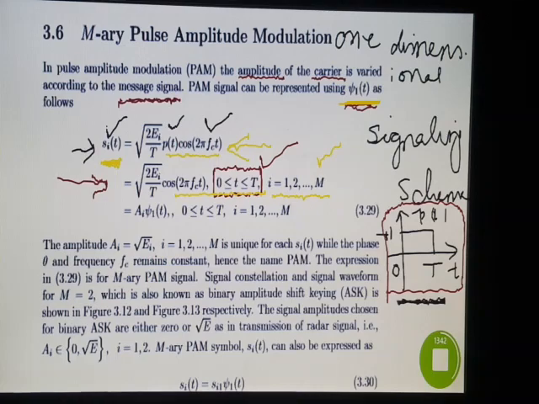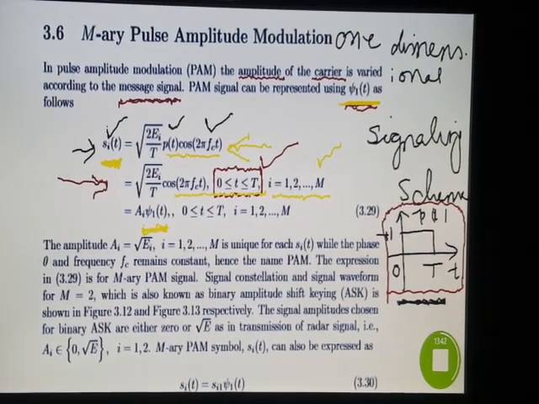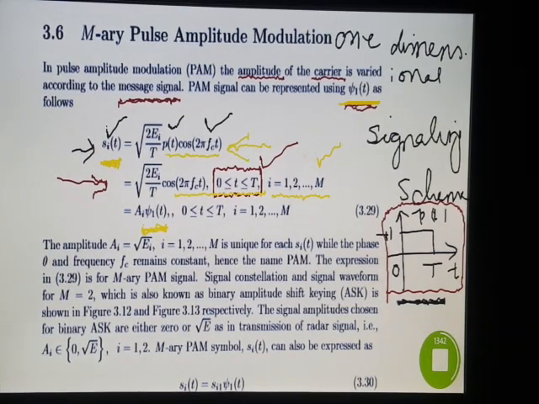You can also rewrite it as given in the third line, and here, recalling your psi_i of t, this is written in the form of psi of t. So you can write it as A_i psi_1 of t. Psi_1, you know, is the square root of 2 over T cos of 2 pi f_c t.